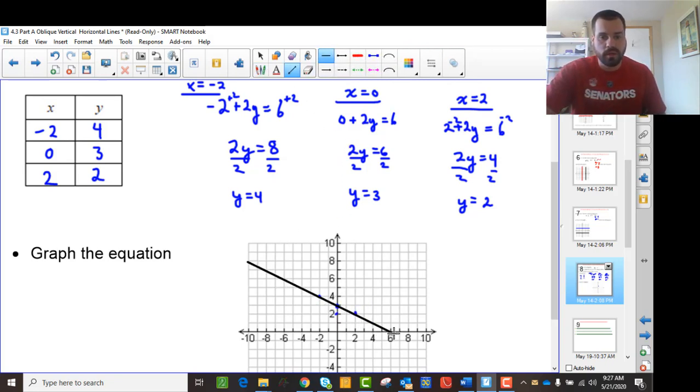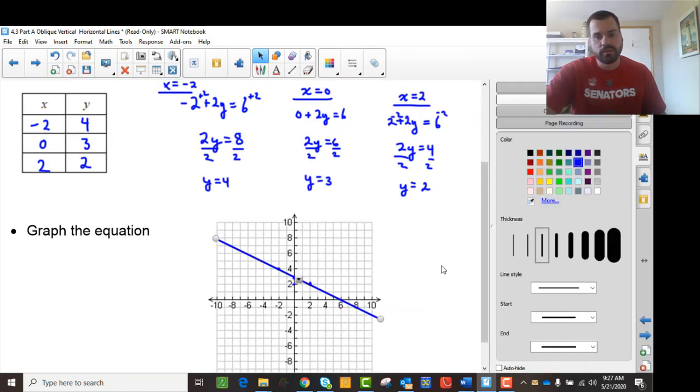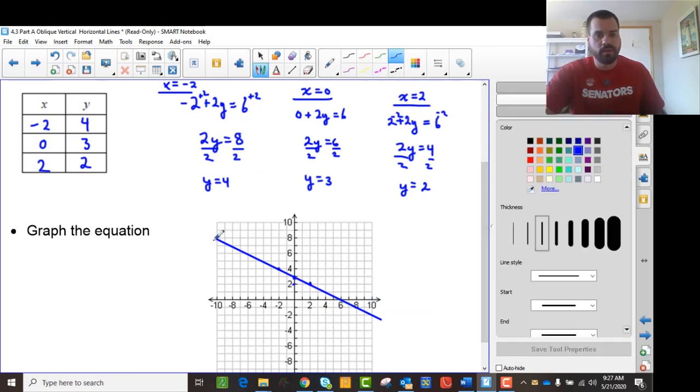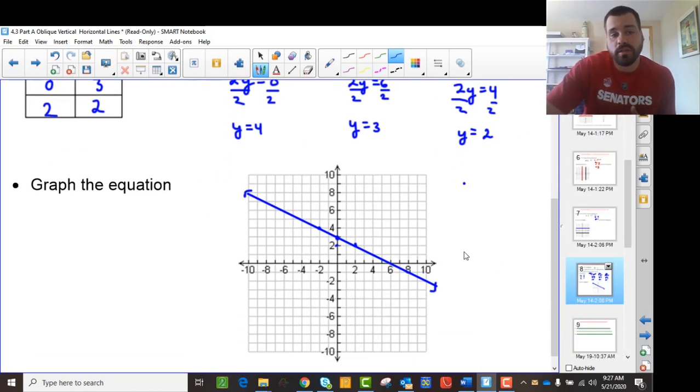Use a ruler, or use a graphing program if you have one available to you. And that will make it look a lot nicer. You want to make sure it's as accurate as possible. And then we're just going to put arrows on the end again, just to indicate that this does continue. It's not like it stopped. Okay, so it's an oblique line.